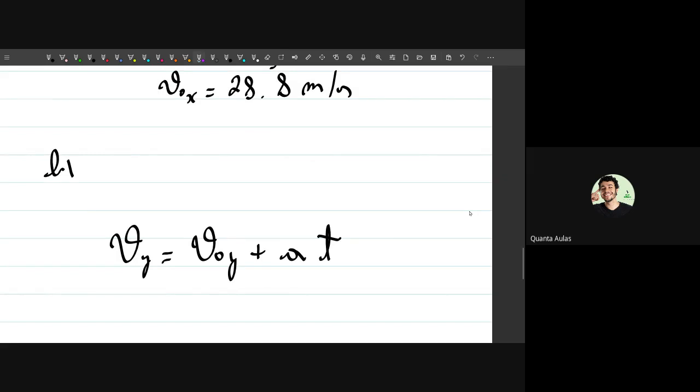So what I need to do next, once I obtain this, is a Pythagorean theorem: v0x squared plus vy squared. Okay? This is the value.